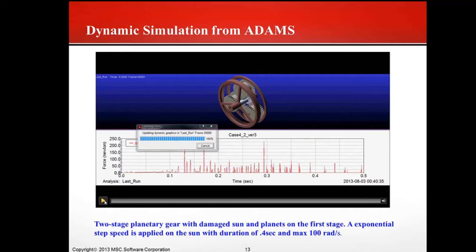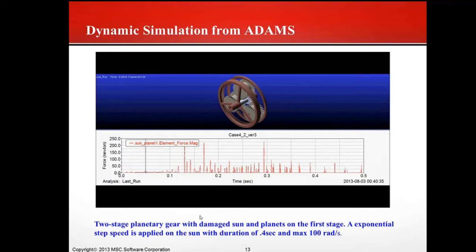Here I want to show the simulation results for this case. We apply a step speed, just to simulate the motor, gradually applying the speed from 0 to 100 radians per second over a duration of 0.4 seconds.